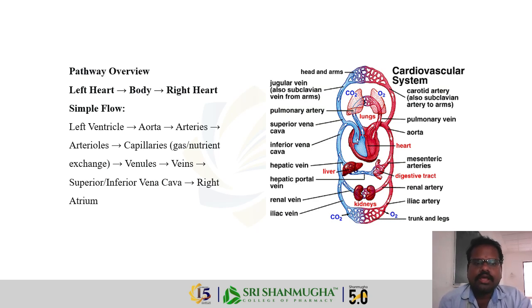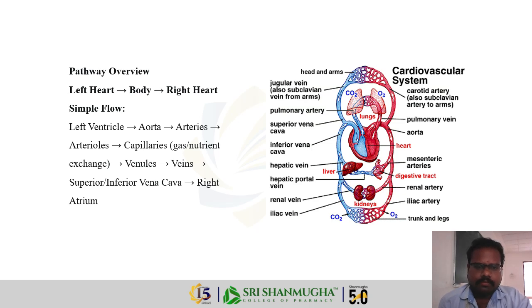The aorta will transfer the blood to the minute arteries. These arteries then carry it into the arterioles, then it goes into the capillaries. The capillaries are the minute blood vessels in which the gas and nutrition exchanges happen. So this is the circulation where the heart gives blood to the tissues.